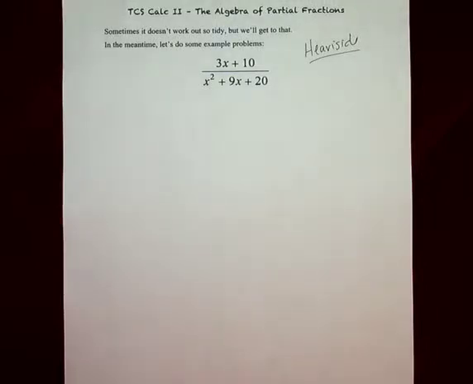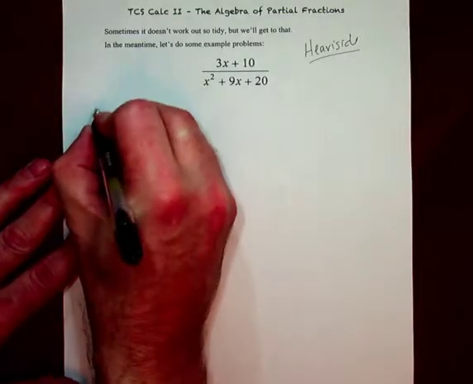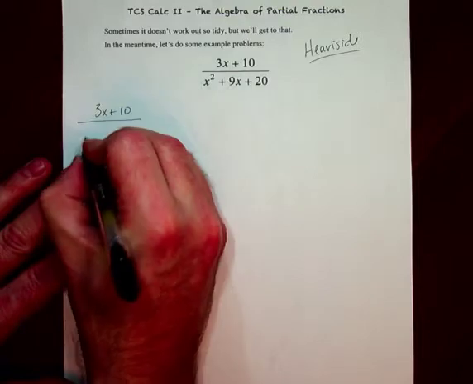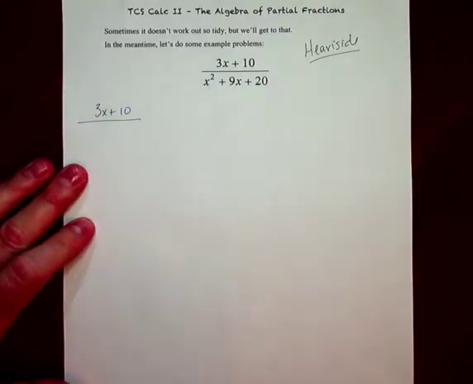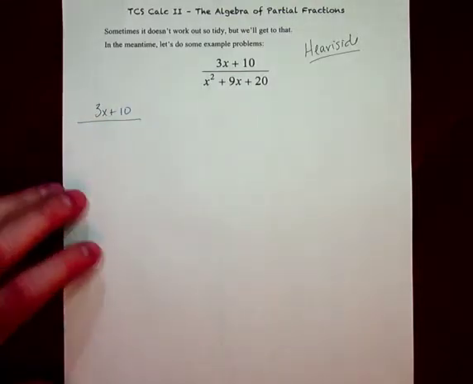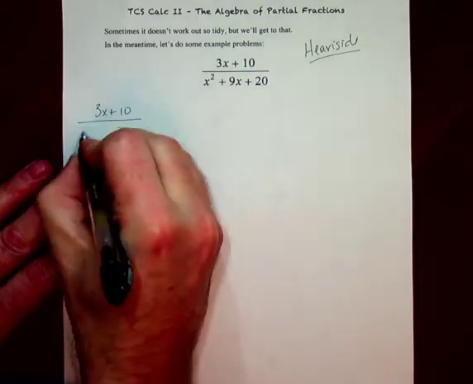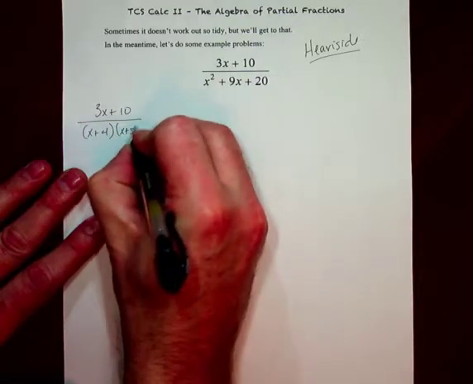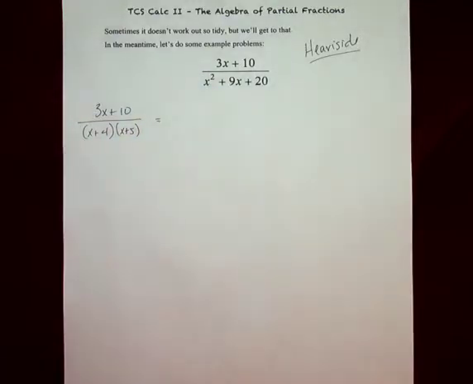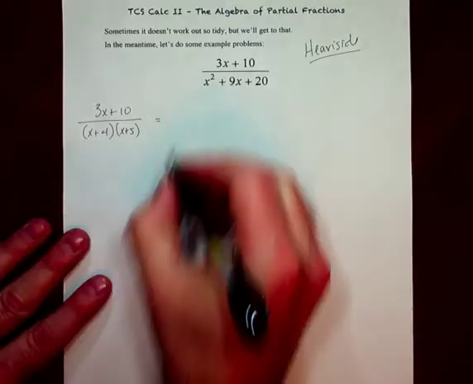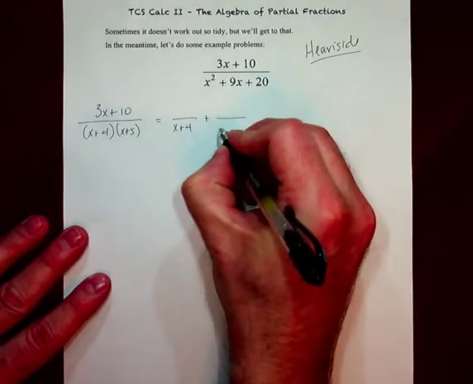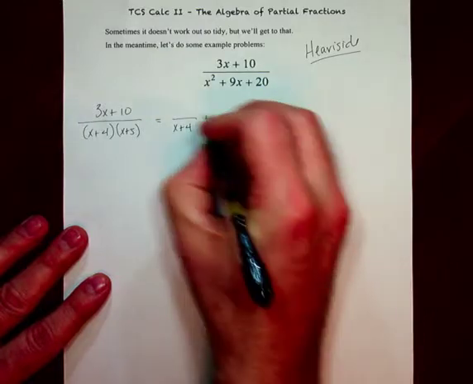easier, okay? Now let's go ahead and try it again for this one where we don't actually know the original partial fraction decomposition. This factors, it should be readily apparent, into x plus 4 and x plus 5. Now those factors in the denominator, remember, tell us exactly what the denominators of those partial fractions are going to be. The only question is, what are the numerators going to be?